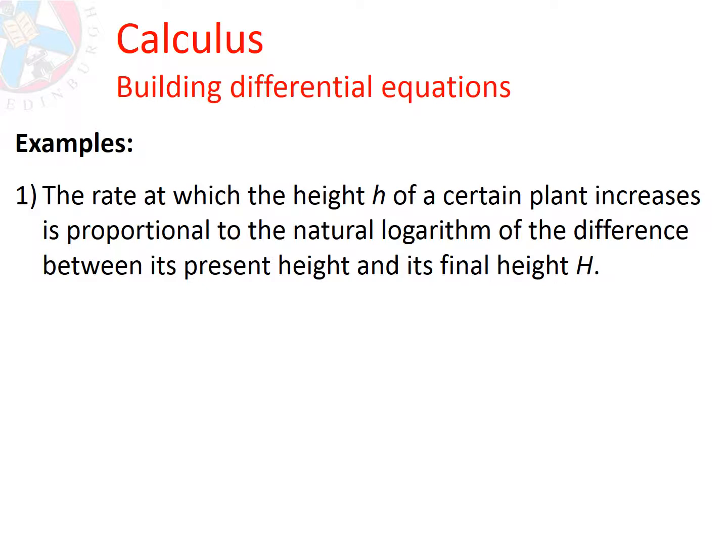So if you have an equation that's proportional to something, that's the same as it being equal to something, but you don't know what the constant is. We just don't know the slope. If we wanted to know the slope, we'd need actual measurements that give us some points on the line, and we can work out the gradient. So in this case, we can say dh/dt is equal to k times the natural log of the difference in the heights.